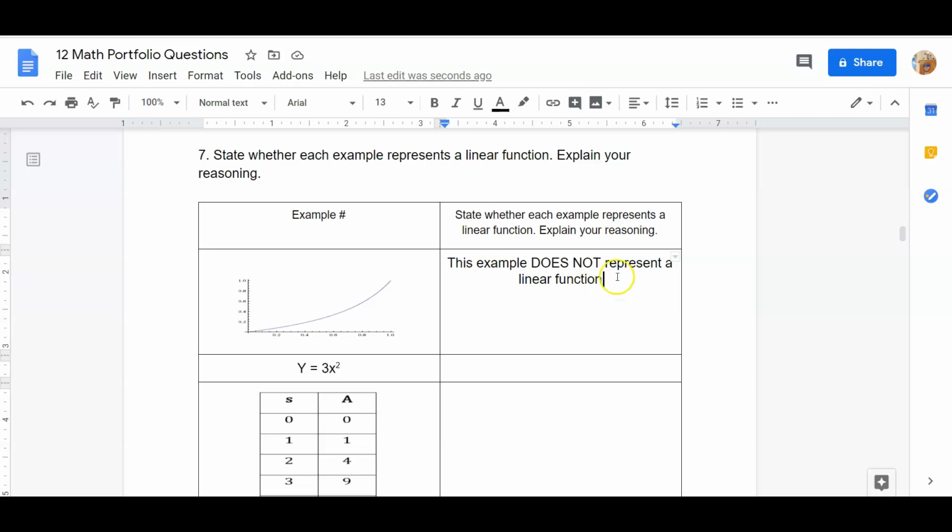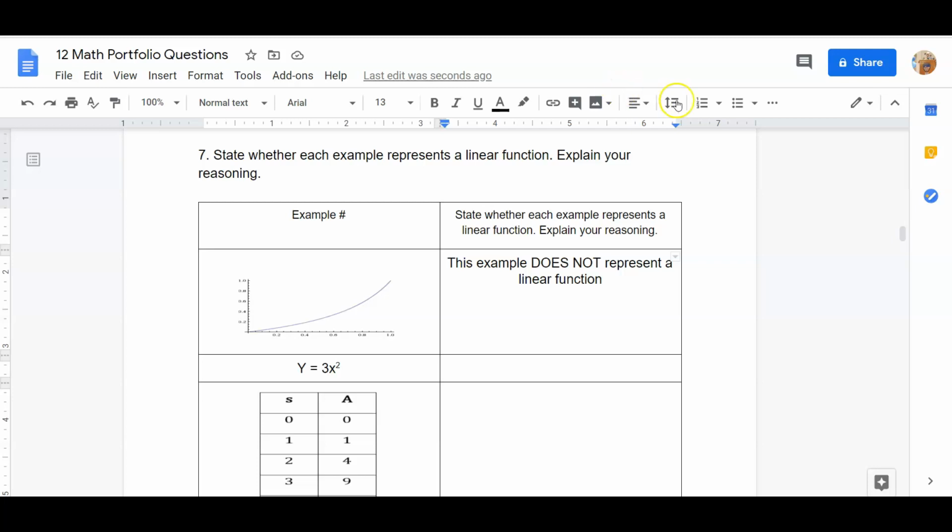So if we're looking at a graph that doesn't have a straight line, I would write something like this: this example does not represent a linear function because it's not a straight line. The line isn't straight. The graph does not have a straight line. Anything that explains how the line is not straight.